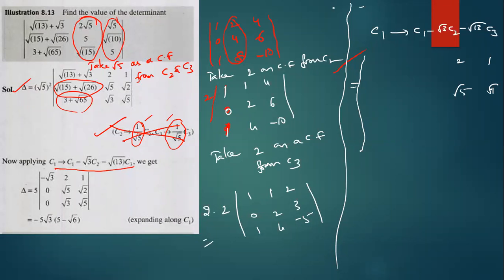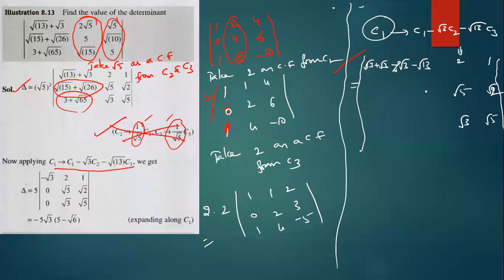Because we're talking about only C1. Okay. Clear? Now, C1 minus, how much, dear students? Root 13 plus root 3, minus root 3 times C2. How much? Multiply with root 3 each and every element: minus root 3, 2 root 3, minus root 13. Am I correct?